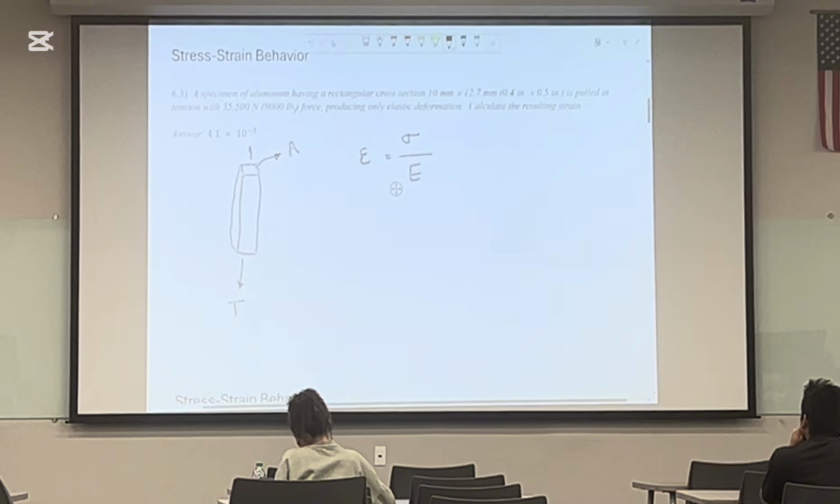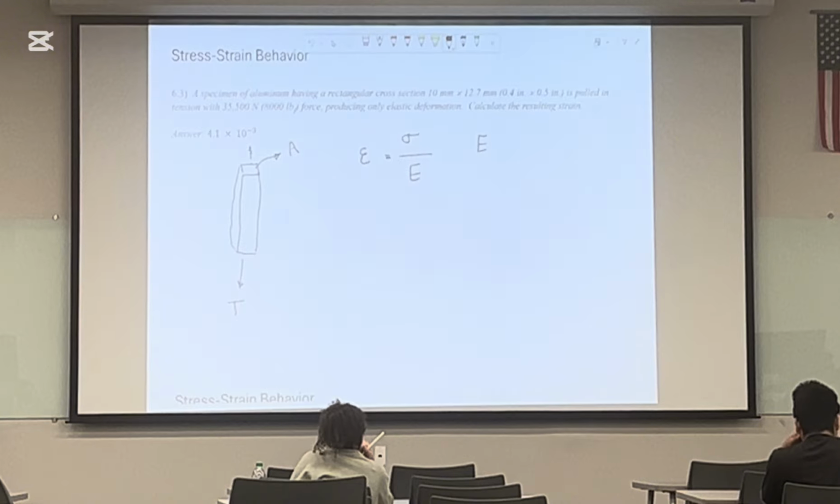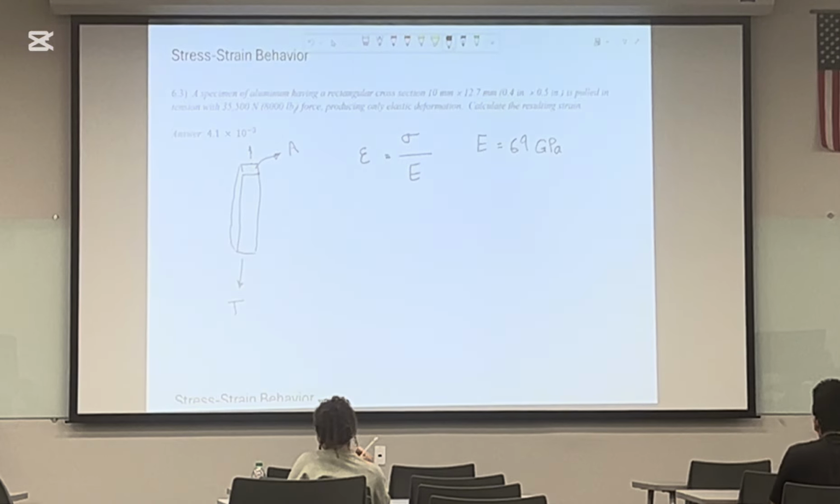So Young's modulus, this one is equal to, it should be obvious now.